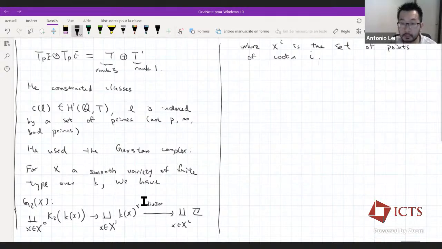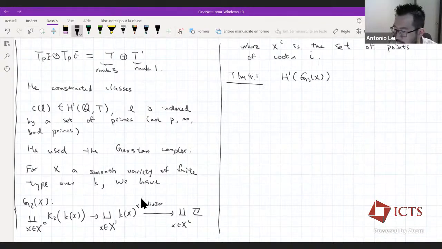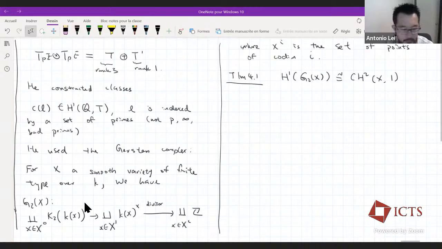So why is this complex interesting? It is because we have a theorem which tells me that when you look at the first cohomology of this complex, you will get the Chow group of this variety.